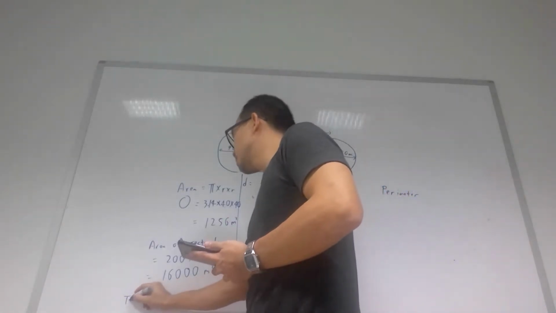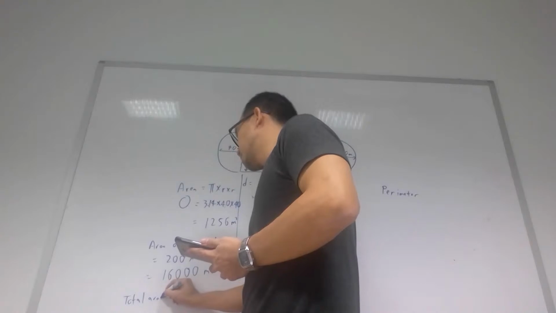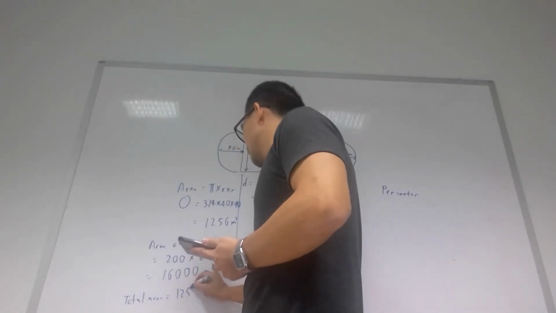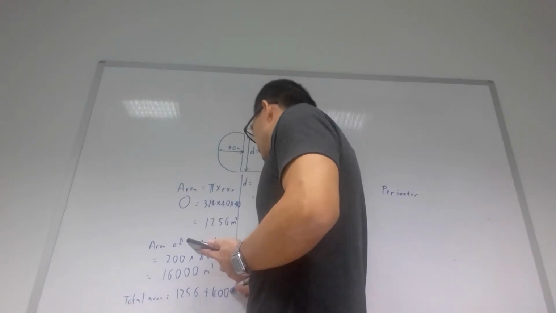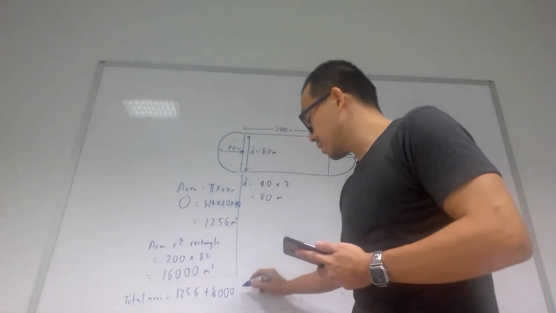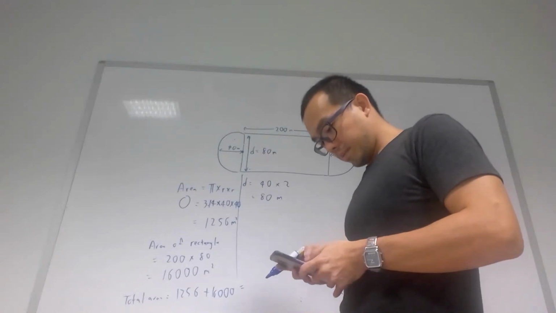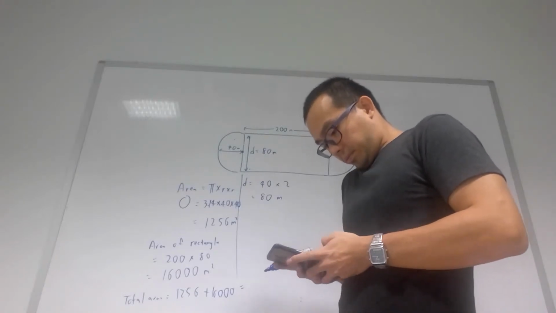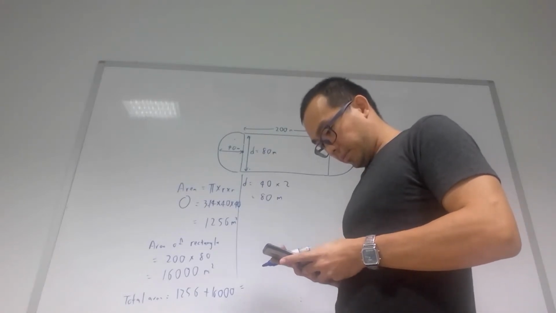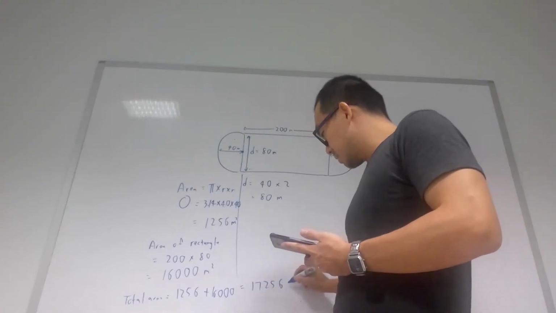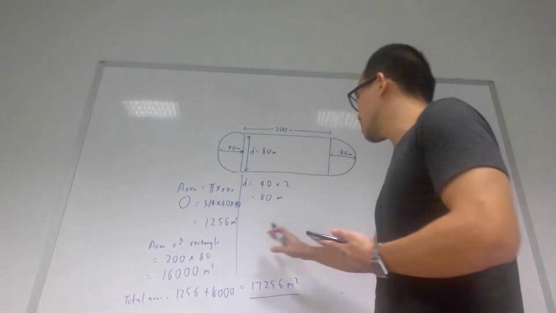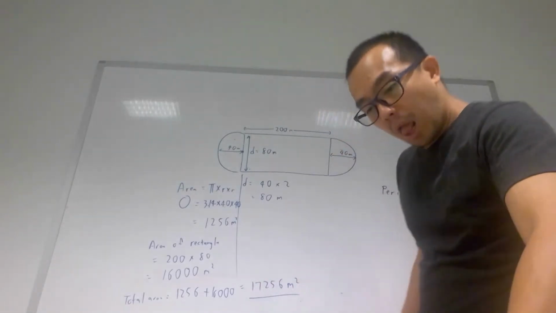So 5024 plus 16000 equals 21024 square meters. Okay, that's the total.